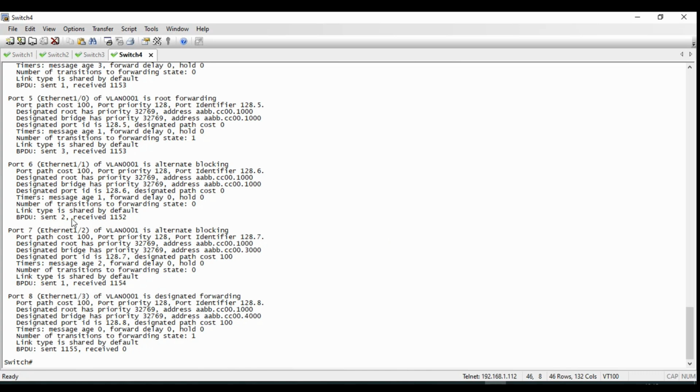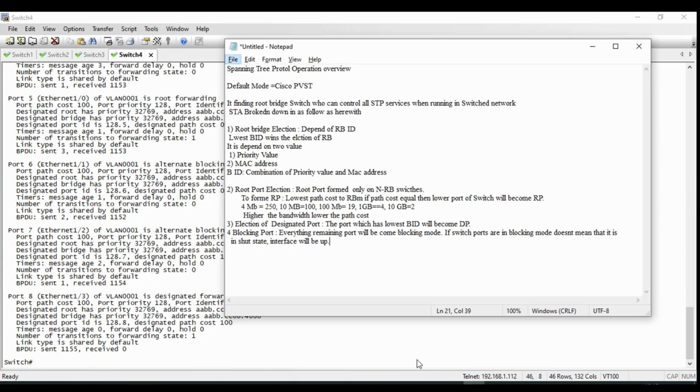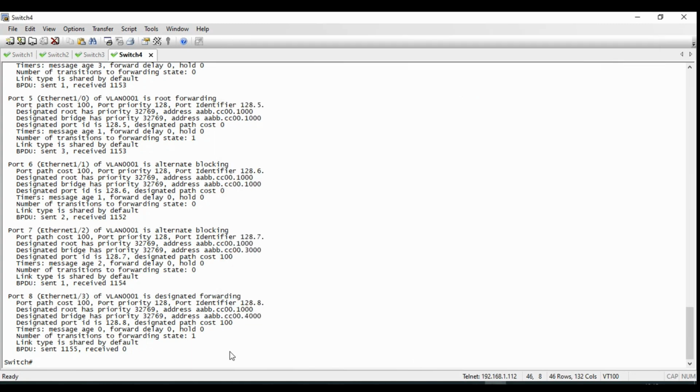This digit shows when the calculation actually happened. If I do any changes, this port will remain as it is. So next time it will never have another BPDU, because in blocking mode the switch will never receive a BPDU. Let me show you another one, like E1/3. Wait.